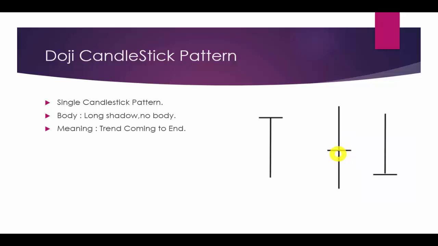And if we find such a pattern at the upper end, where the market is making a new high, it means sellers have not allowed the buyers to make another bullish candle and pull the market further in the bullish direction. So the current trend will change after this candlestick pattern.